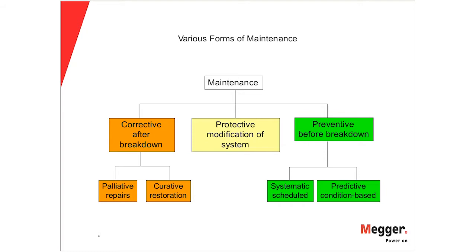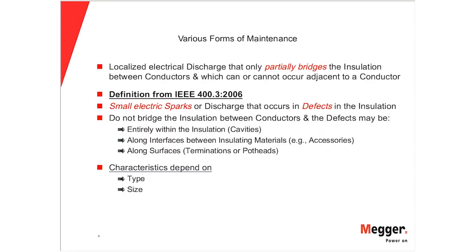If you analyze your most critical assets during their lifetime, you will be able to do so-called condition-based maintenance. It means you will see the severity of the imperfection in the insulation, and you can advise your maintenance team to act before a breakdown. That's all about preventive maintenance and so-called condition-based maintenance.